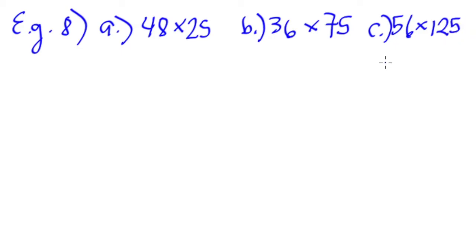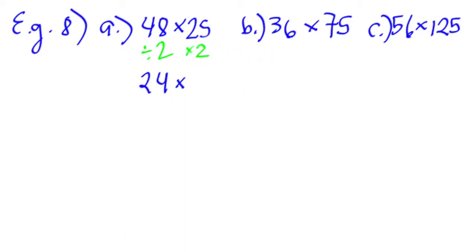For the 48 times 25, we're going to half the 48 and double the 25. If we do that, what will happen? 48 divided by 2 is going to give us 24. 25 times, or rather, I'm sorry, this should be 2, doubling.